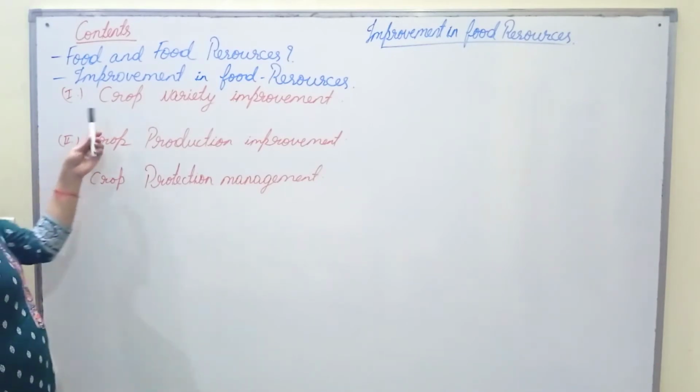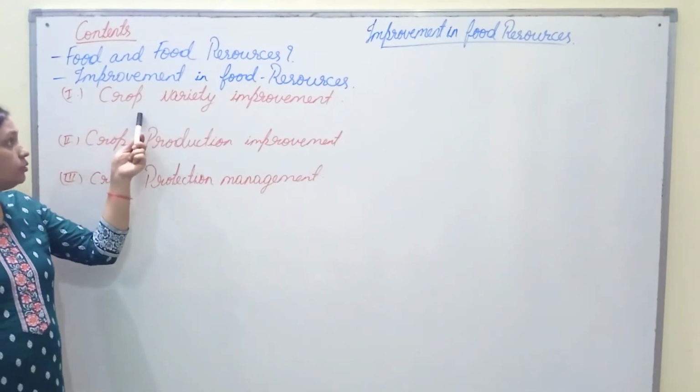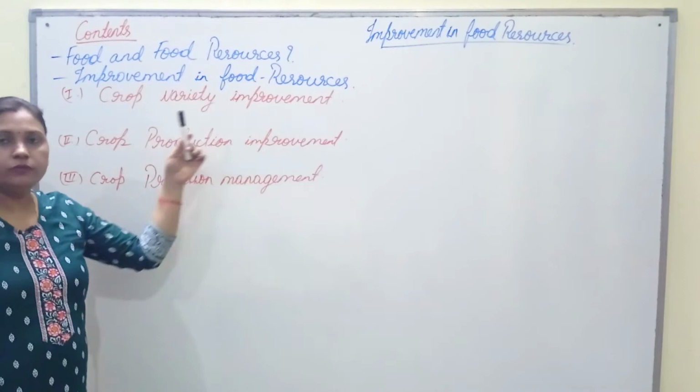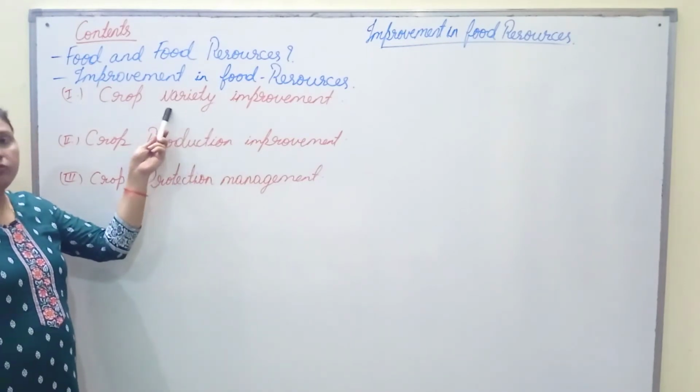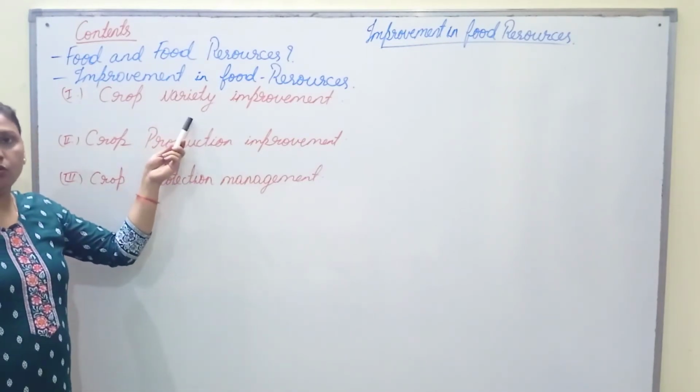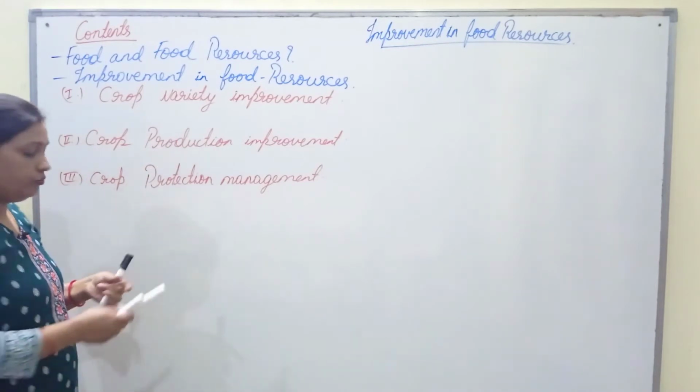So the first step, that is crop variety improvement, in which we will talk about how the variety of crops can be improved.